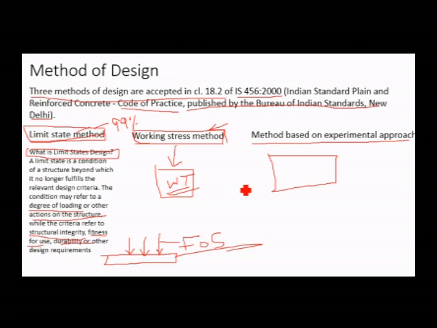The structure should perform satisfactorily during its intended life, it should carry the loads and deform within the limit of construction use, it should also be designed for durability, and it should adequately resist the effect of misuse or fire. So these four objectives should be covered.